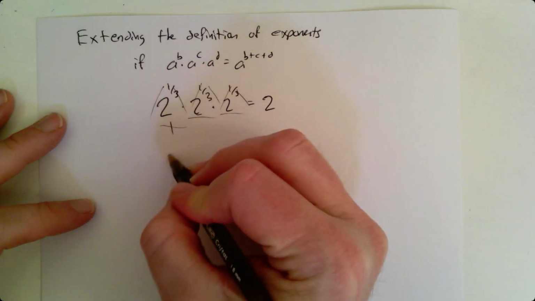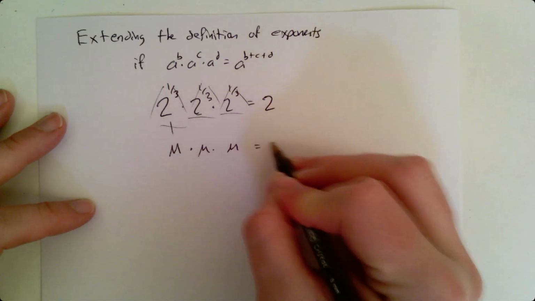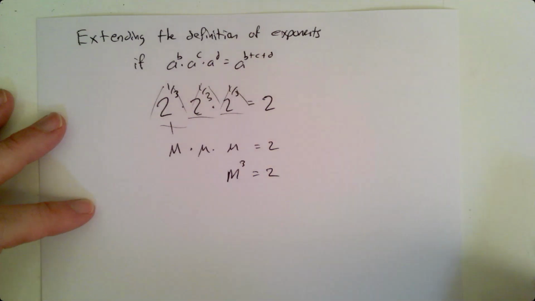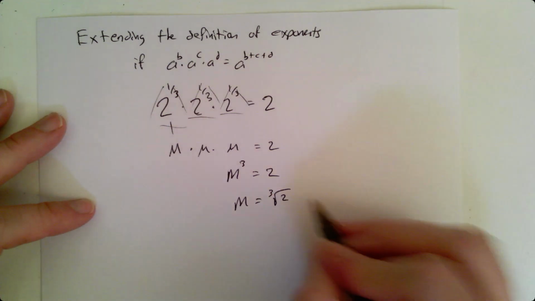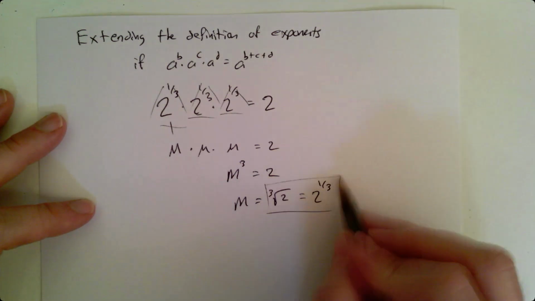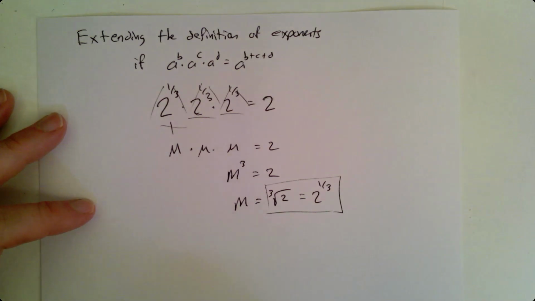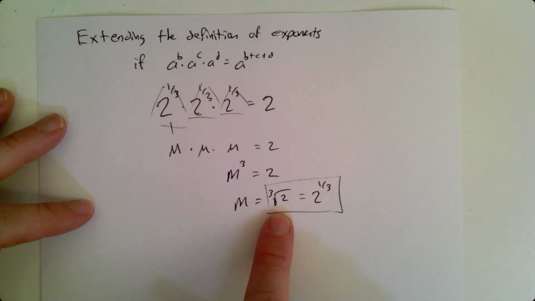Let's call this m for mystery. So 2 to the 1/3 is m, and we've got m times itself 3 times equals 2. Another way of saying that is m cubed is the same as 2. And so if I want to know what m should equal, the answer is the cube root of 2. But remember, m was just equal to 2 to the 1/3. So what we've said is, if we want this pattern in exponents to remain true, even when the exponents aren't positive integers, we need to define 2 to the 1/3 to be equal to the cube root of 2 in order to maintain that identity.